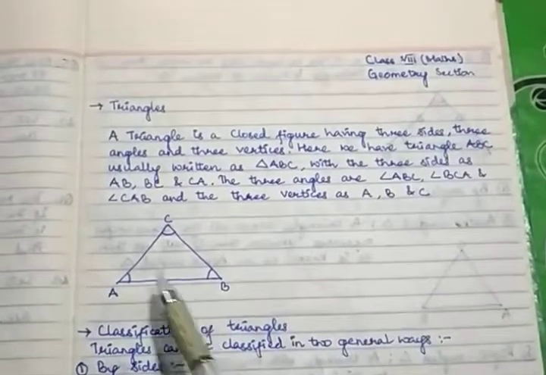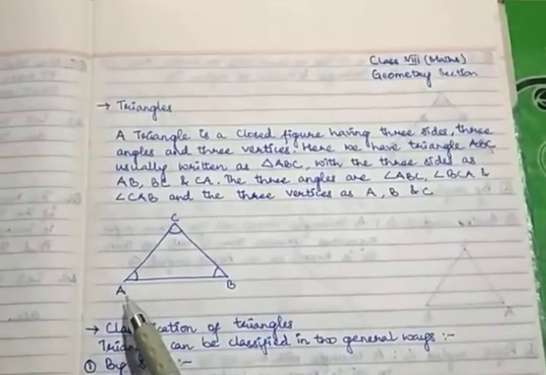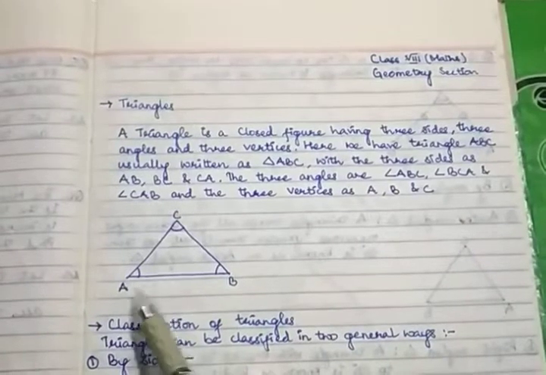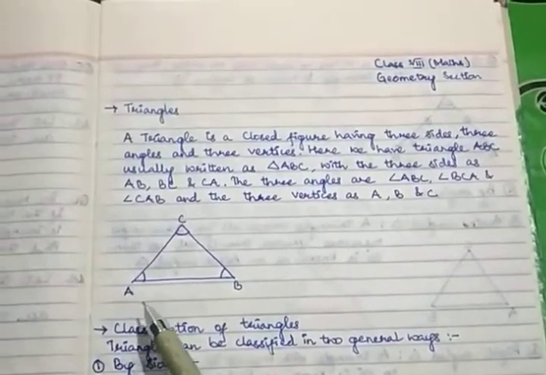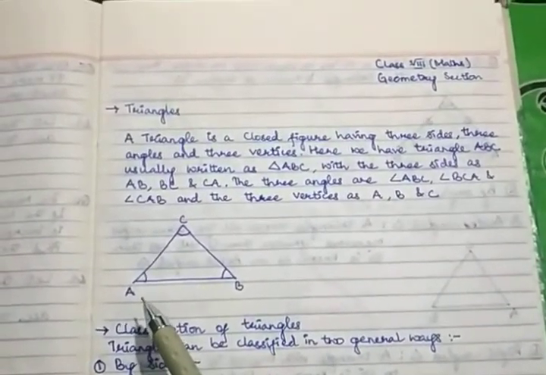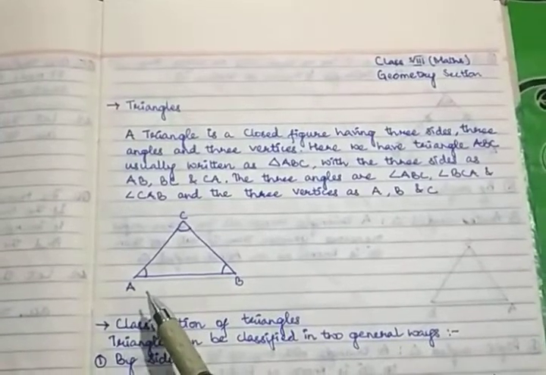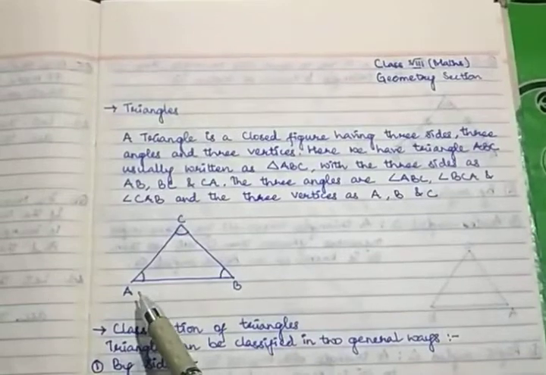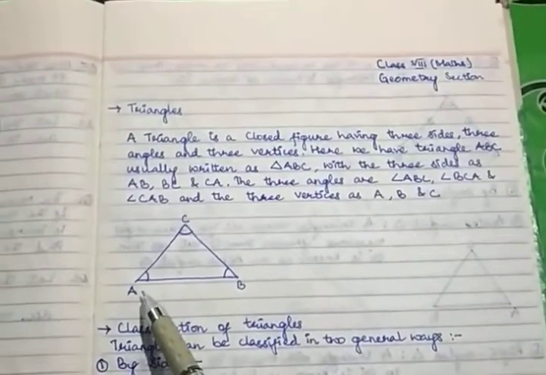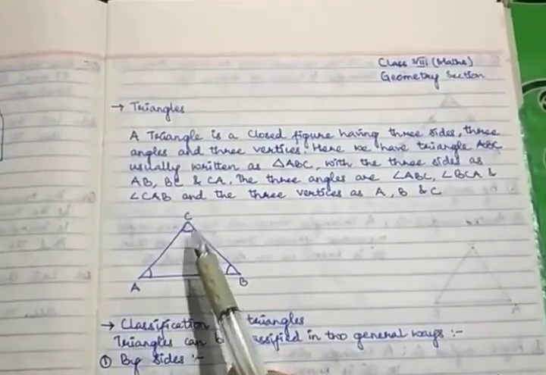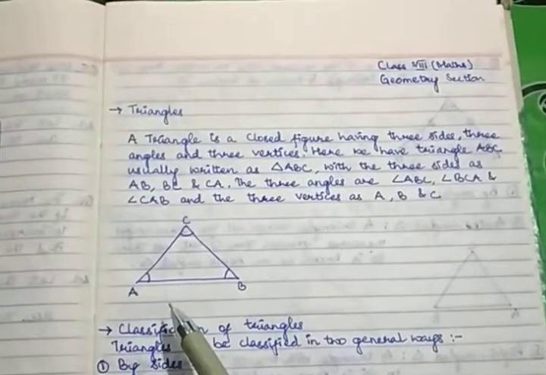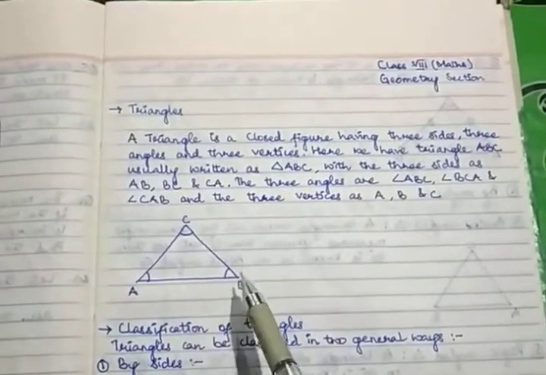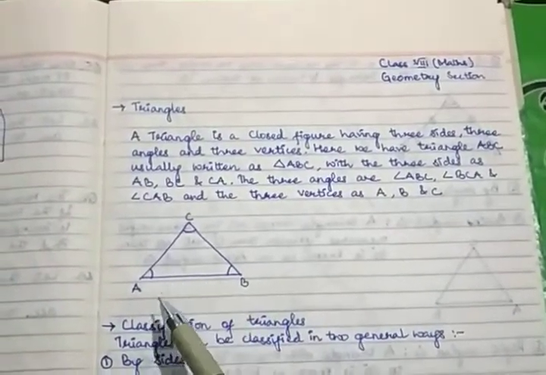Now, the vertex actually means the point where an angle is formed. A, B and C are vertices where an angle is formed. And remember, when you are denoting a certain angle, the vertex has to be written in the middle. For example, in this one, you can call this angle CAB, or you can call it BAC as well.